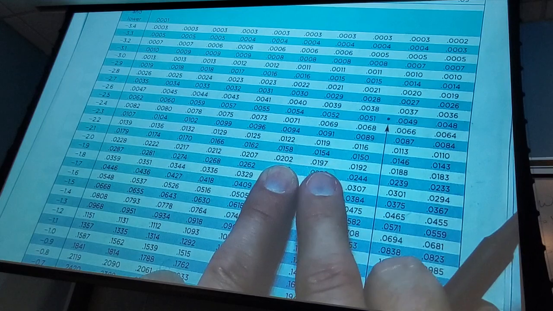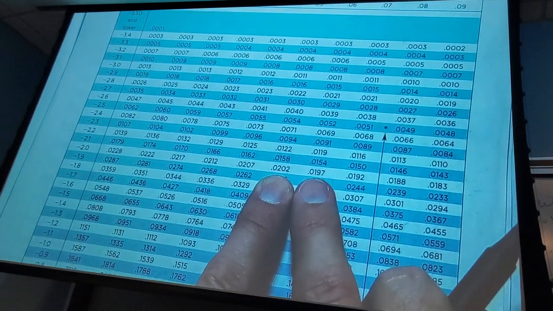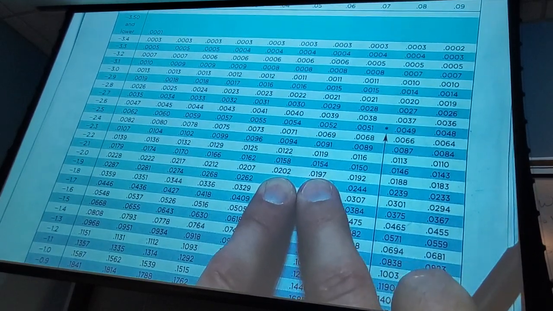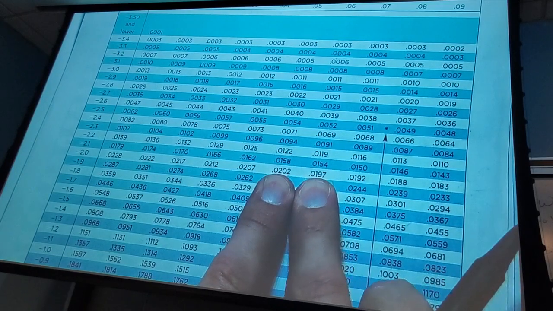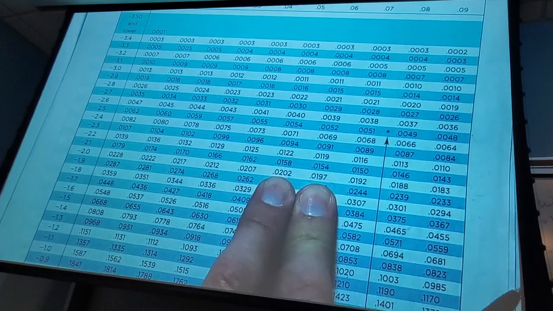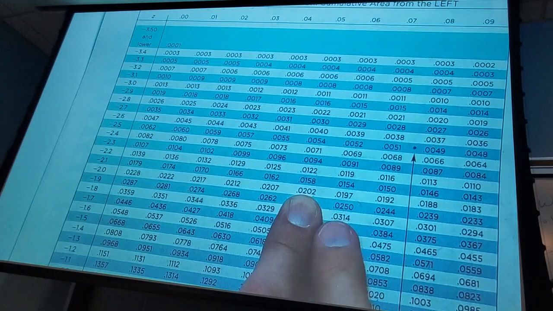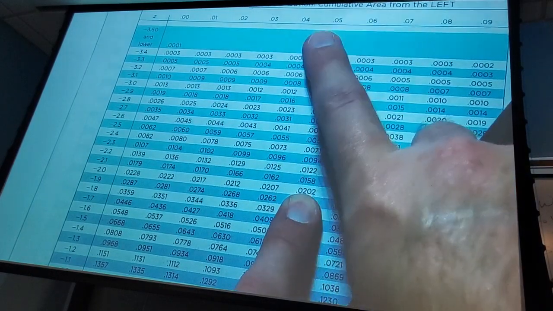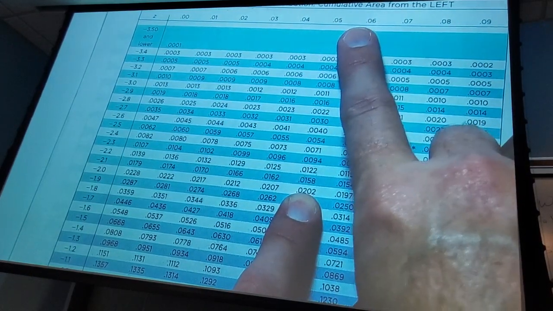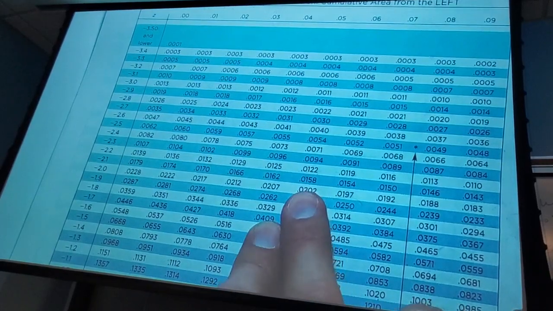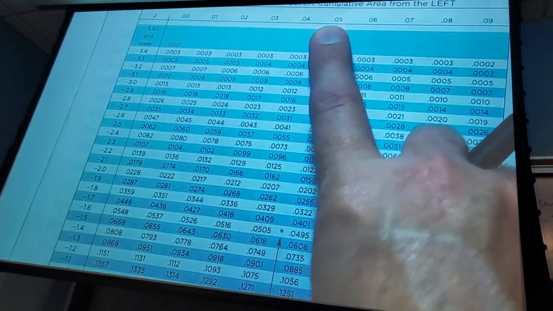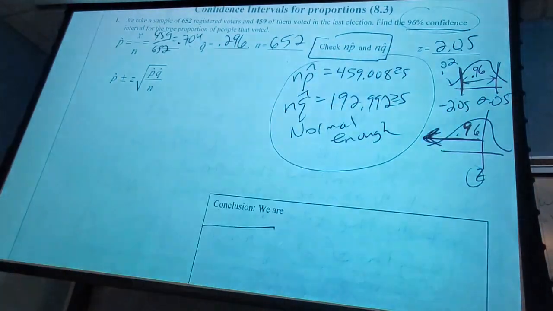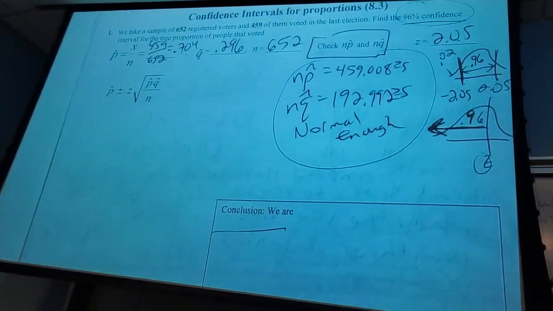Now Teddy made a very good point, which was that 0.0197 is almost equidistant, so you could split the difference and make it 2.055 if you wanted to. But officially that one's closer, so we can call it 2.05. Thank you. All right, now it's plug and shove.